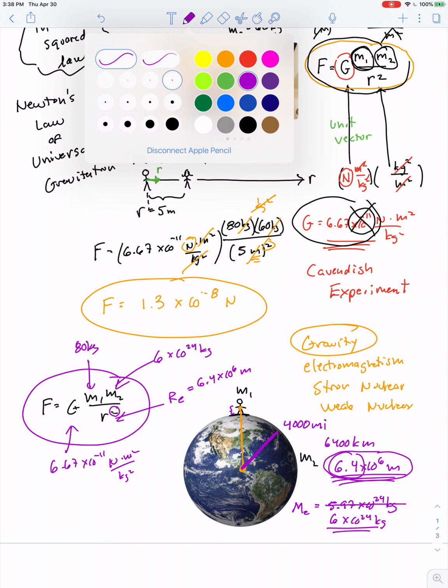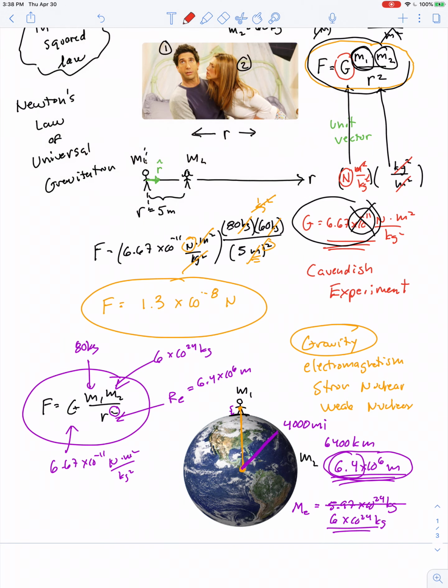Wait, before you grab your calculator, I'd actually like you to do it this way. Why don't you calculate what you get when you multiply G, 6.67 times 10 to the negative 11th, and then don't forget to square this value of r, so include that in your calculation, and then also factor in the mass of the Earth, get that part of the calculation, but leave out this part. Put everything into the formula except leave the mass number 1 out of it.